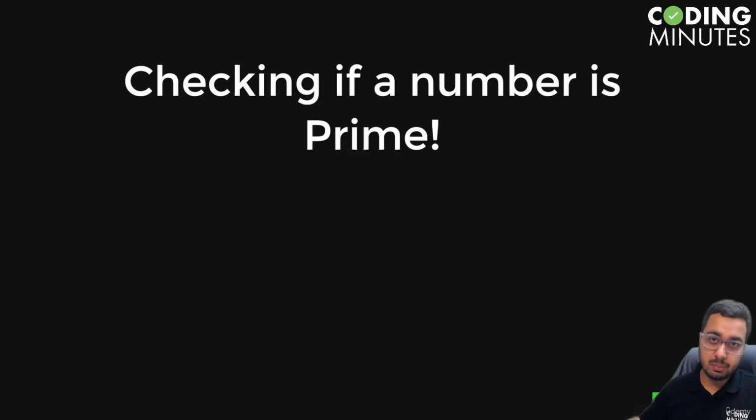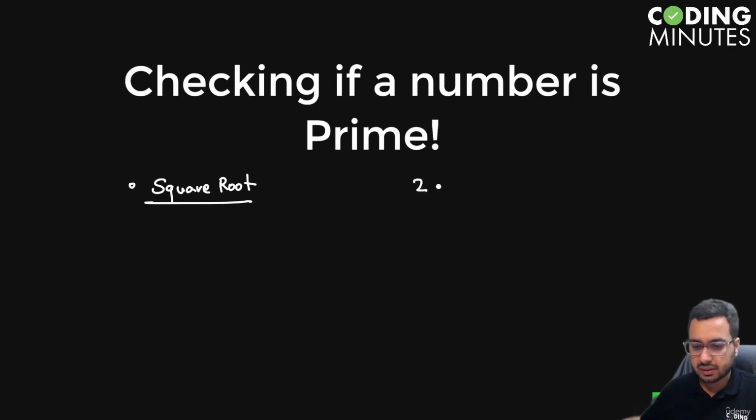Is there a better way to check if a number is prime or not? Yes, there is. That method we call the square root method. For this we need to understand a property: instead of iterating from 2 to n minus 1, we can go till root of n.